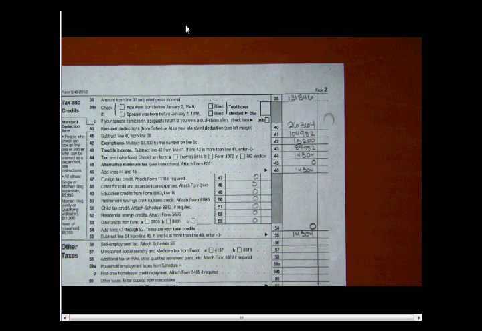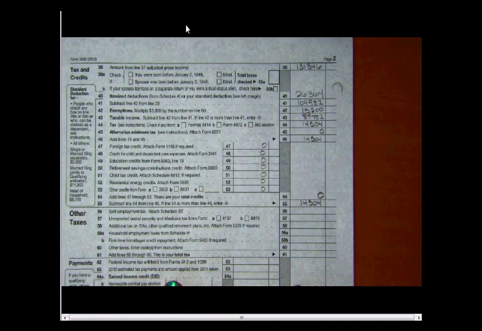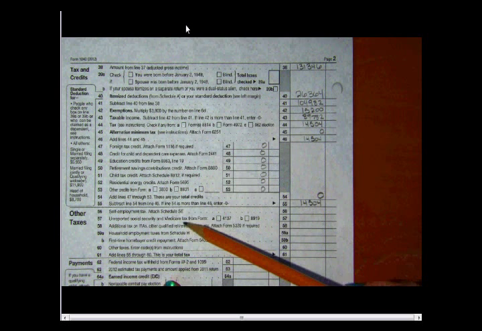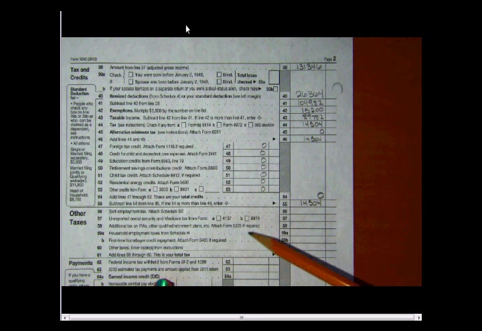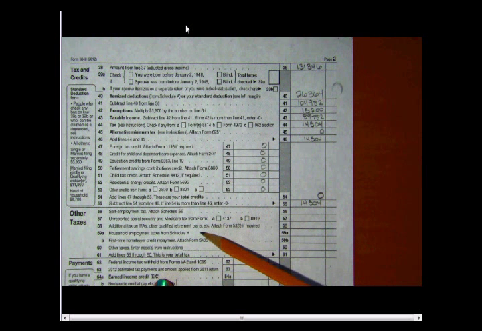Okay, other taxes. If you're self-employed, if you had unreported Social Security or Medicare, if you had tax that you owed here, if you received payment for employment in a household that they didn't pay your taxes on, like if you clean houses for people, or if you're a nanny or a landscaper or whatever.